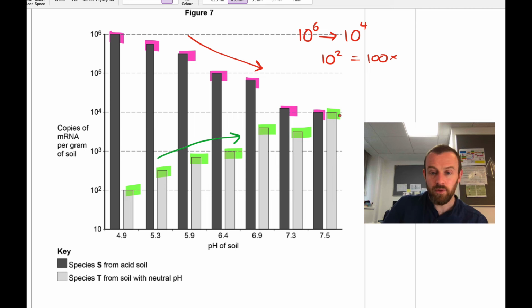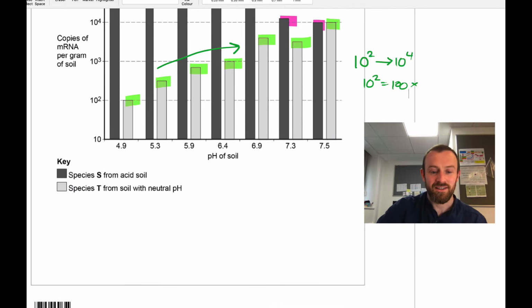What about this one? This one, the green one, goes from 10 to the 2 up to 10 to the 4. Oh, this is annoying. So that is again 10 to the 2. So that is 100 times increase. So which one is more affected? They're affected the same. This is silly.